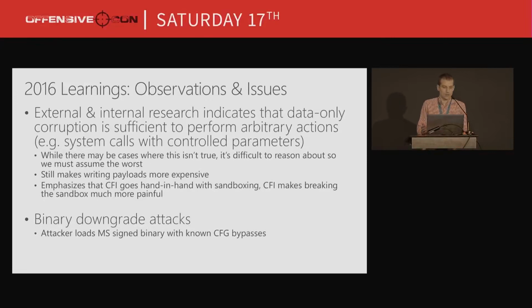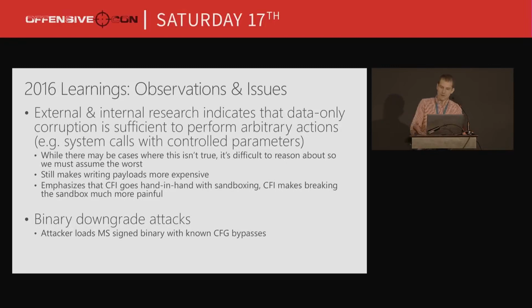One other attack that we realized we had to deal with were binary downgrade attacks. We realized this after we saw these compiler bugs coming through, because we ended up having to recompile these binaries, but all of the old binaries are still out there. They're still published. They're still signed by Microsoft, which means that they can still be loaded by Edge.